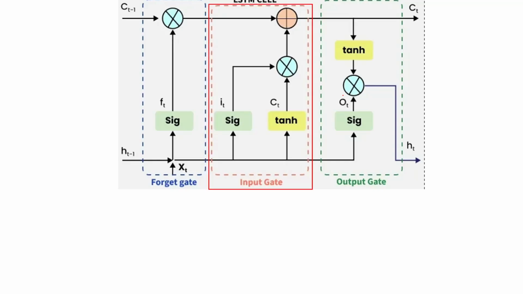Now, moving on to the input gate. The objective is to decide what new information to store. So we will get new information here, decide the percentage that we want to keep, and then add it to the long-term memory.